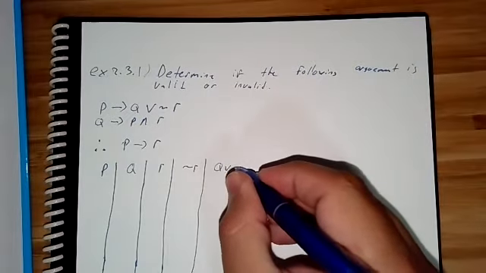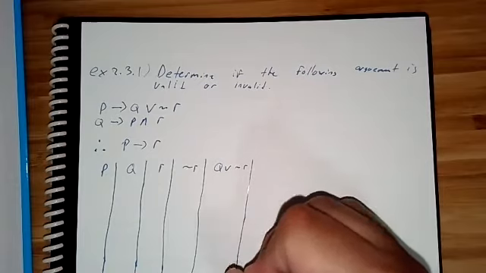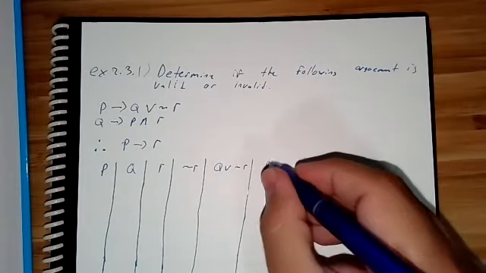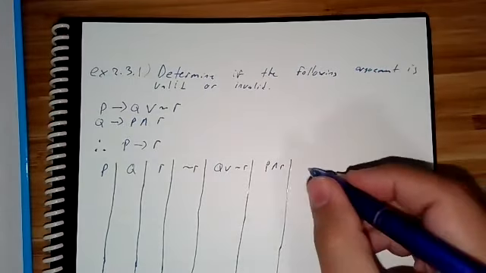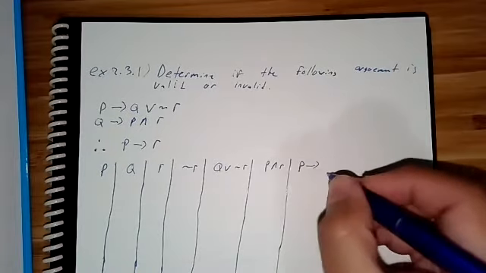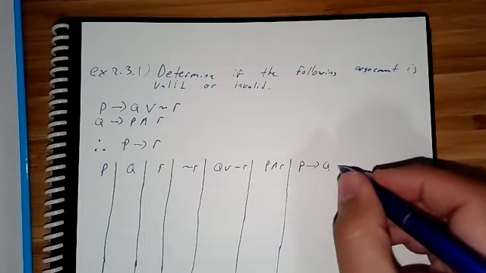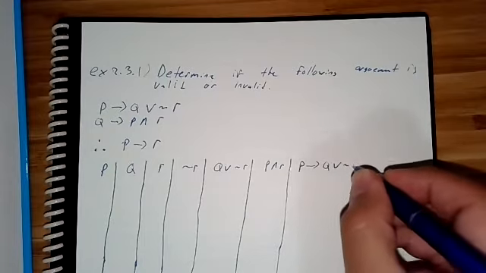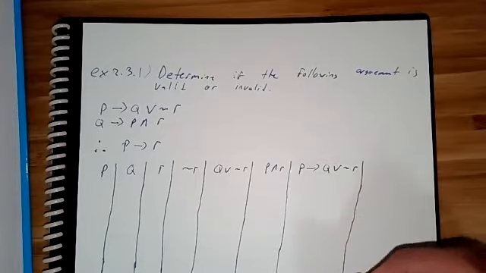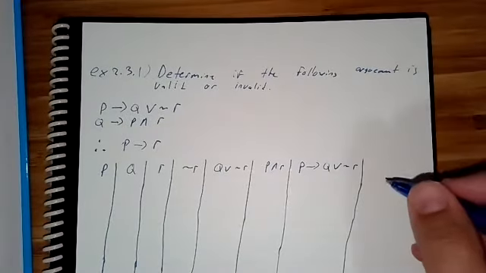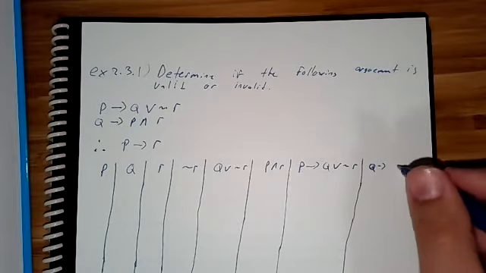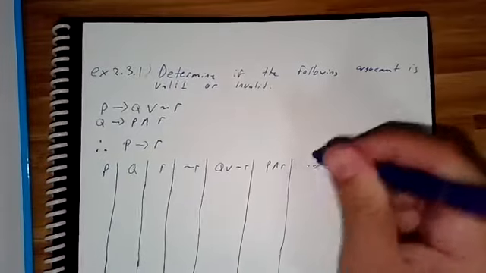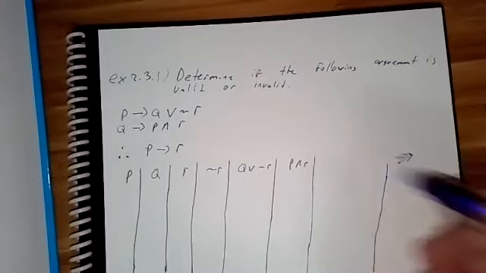Q or not R. P and R. P implies Q or not R. Okay. Next one is Q implies P and R. One moment.